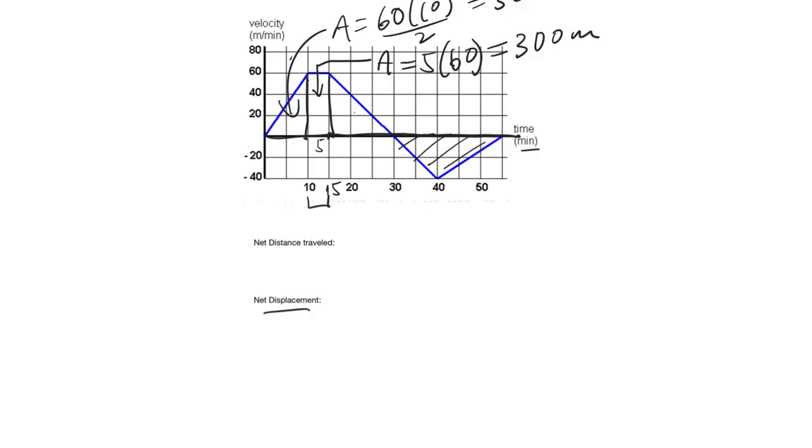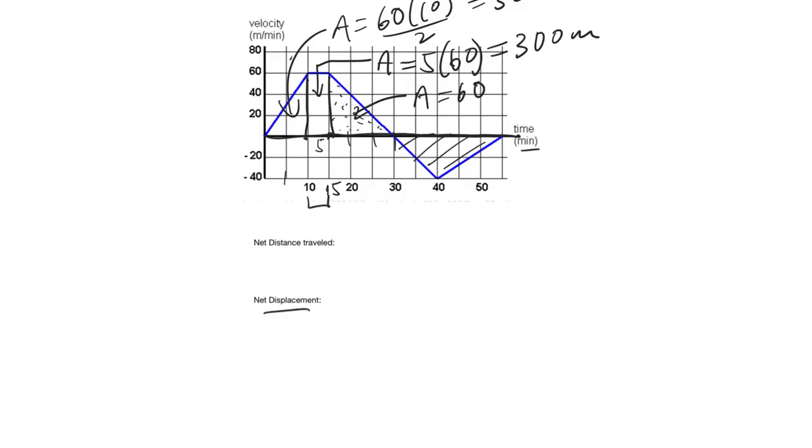And this triangle area is 60, that's the height, times the base. 1, 2, 3.